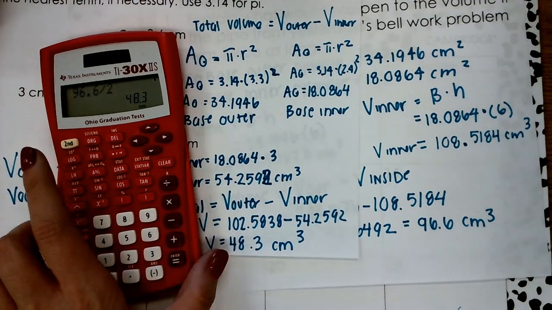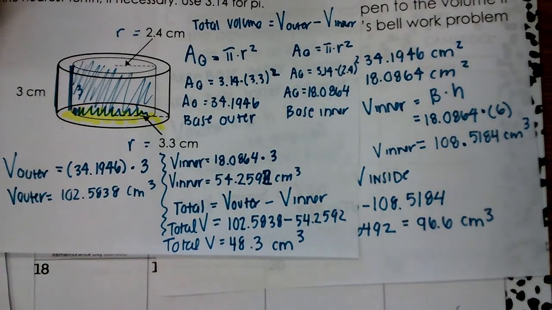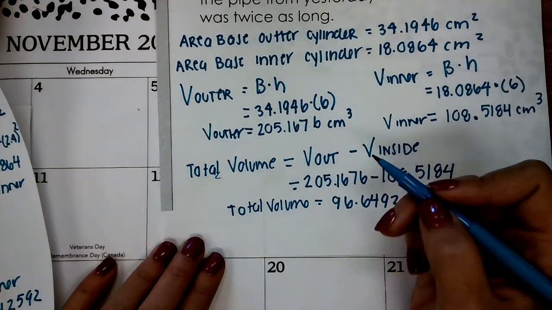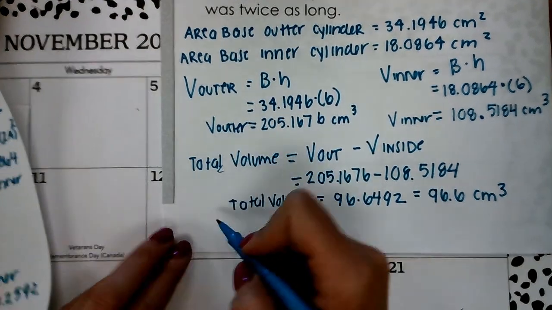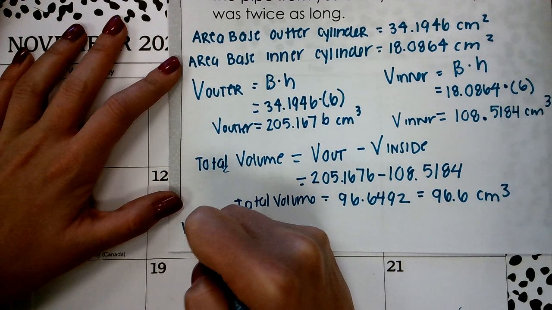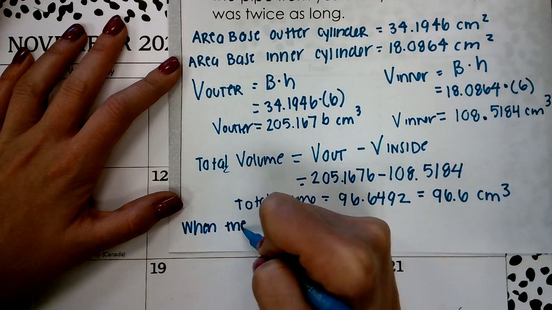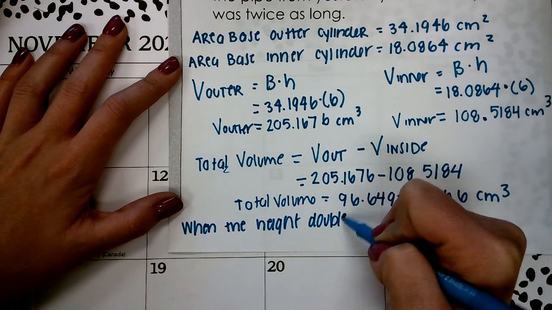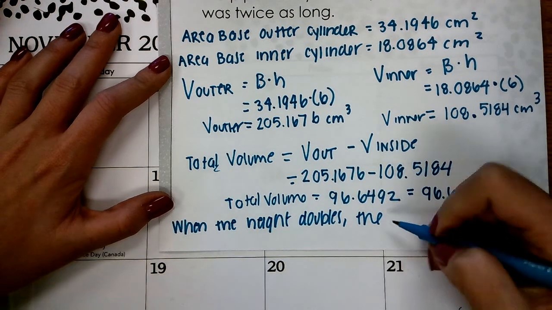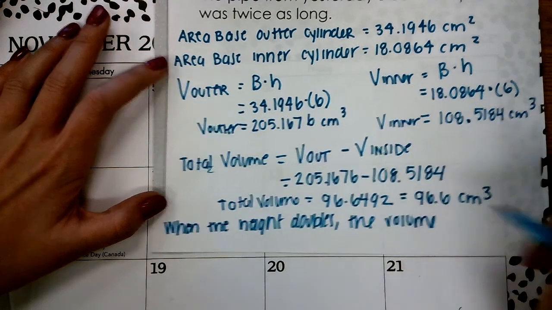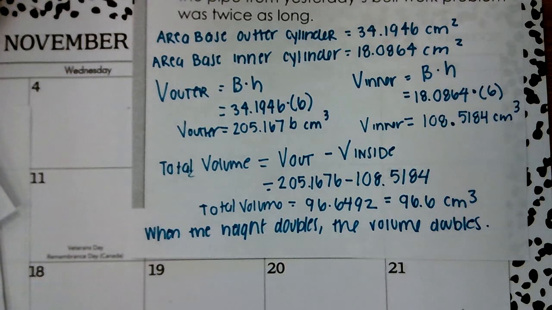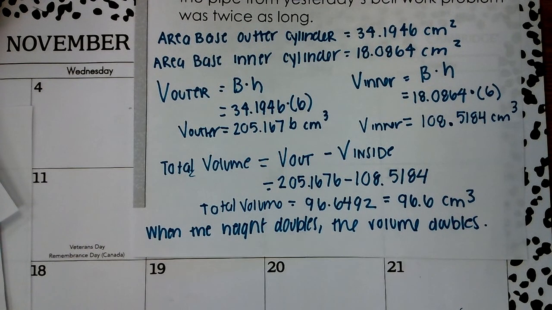So the relationship here is that when the height doubles, the volume doubles. And that is what would happen if we took the same cylinder pipe from yesterday, but we made it twice as long.